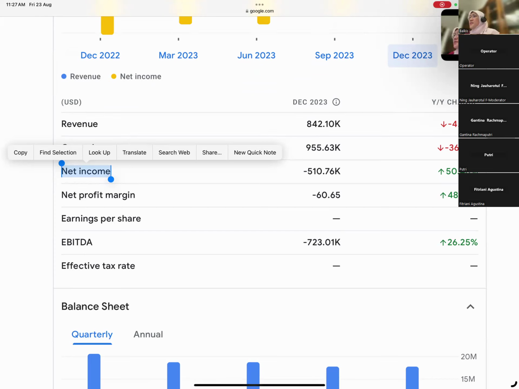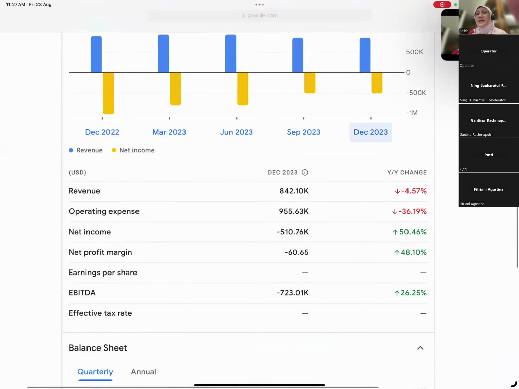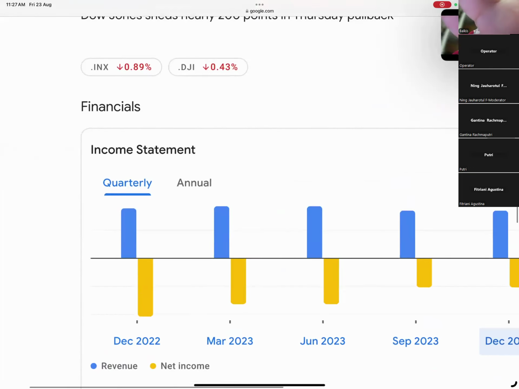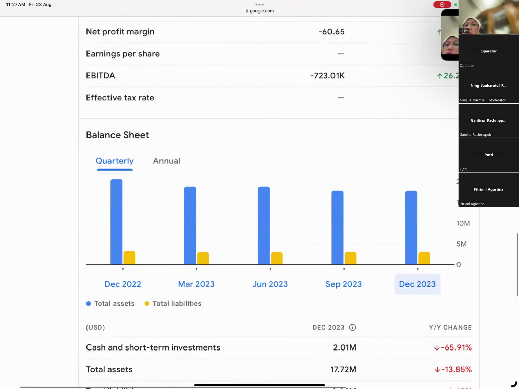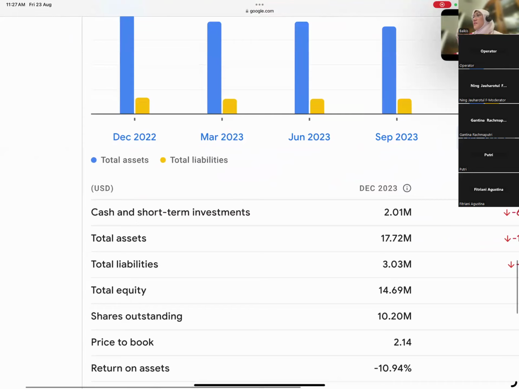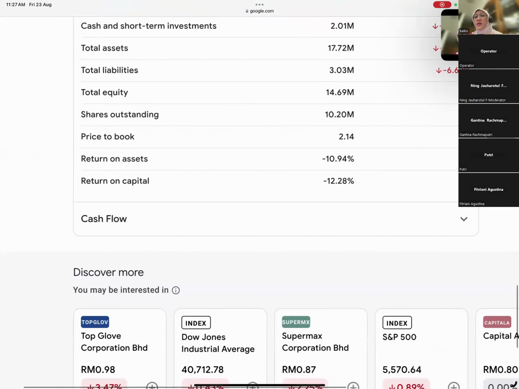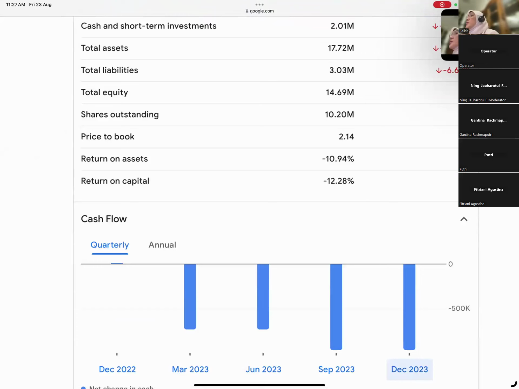The bigger the firm, the higher the performance of the company. The smaller the firm, the company will have lower performance. So that is based on the literature. Company specific data means all the info in the income statement, all the info in the balance sheet, or the cash flow.